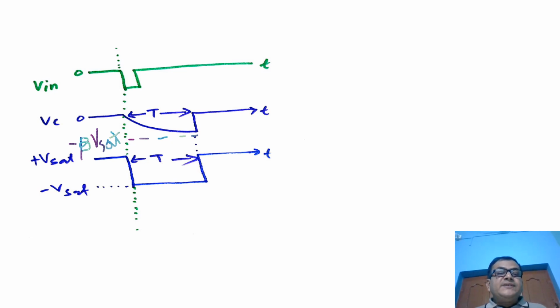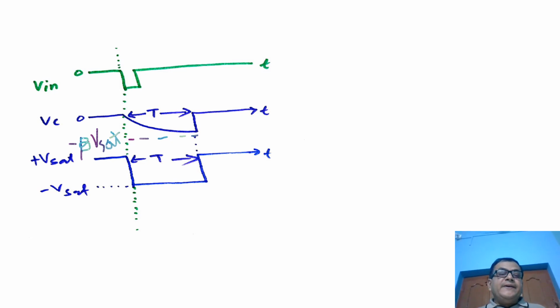As soon as it receives a negative going triggering pulse, the output switches from beta Vset to minus Vset, and the capacitor starts charging negatively towards minus Vset. Now from 0 to minus Vset there will be one point which is equal to minus beta into Vset.